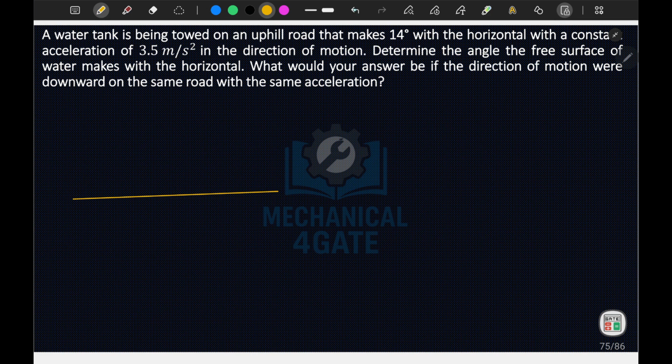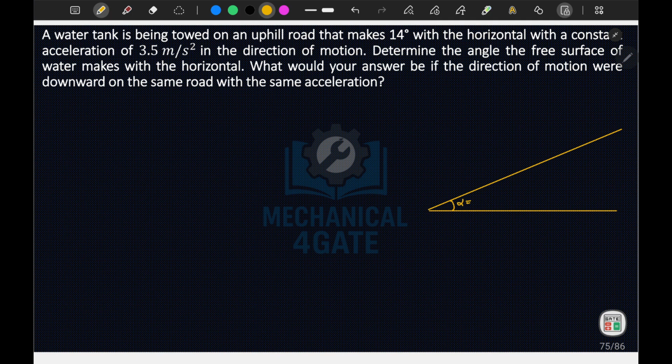It's something like this. This angle alpha is 14 degree. Now your container is here.